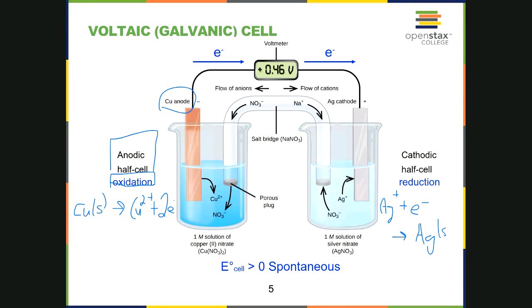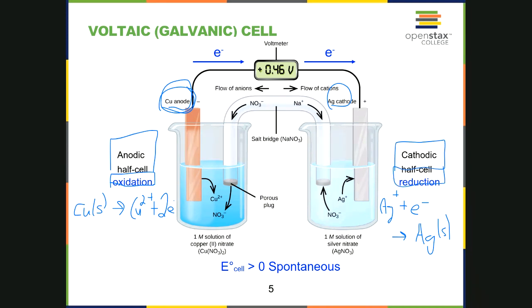So notice in each case we do have the solid present. We've got the copper over on the anode side, and we've got the silver present on the cathode side. Now over here is the cathode, and the cathode is where we have a reduction.